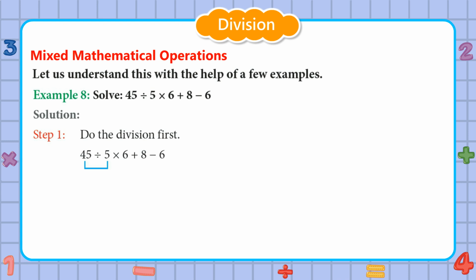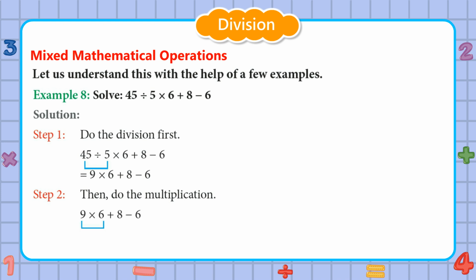45 divided by 5 multiply 6 plus 8 minus 6 is equal to 9 multiply 6 plus 8 minus 6. Step 2. Then do the multiplication. 9 multiply 6 plus 8 minus 6 is equal to 54 plus 8 minus 6. Step 3.